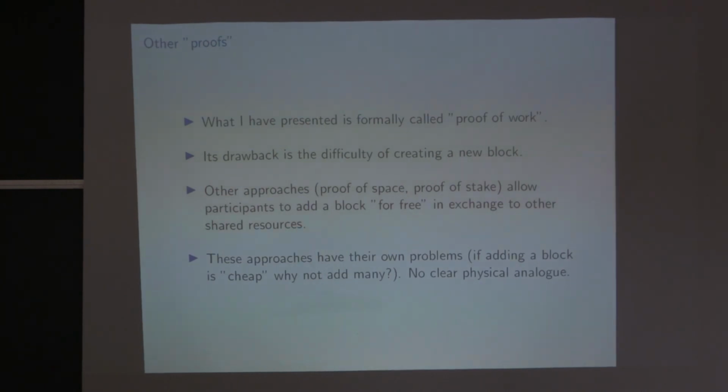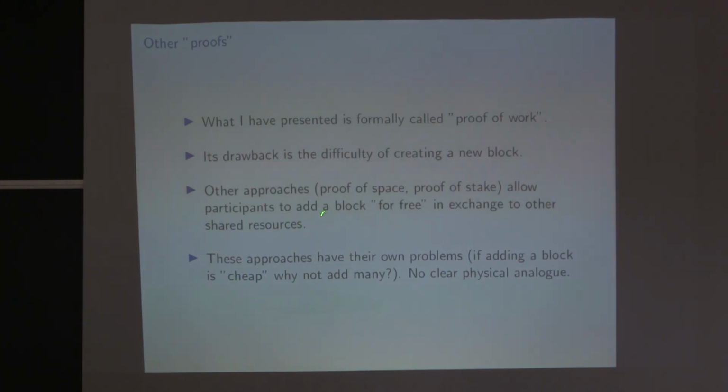Let me make a small comment just for completeness. What I presented is formally called proof of work, because it's very hard to add a new block. Its main drawback practically is that it takes lots of electricity currently to mine all these bitcoins.